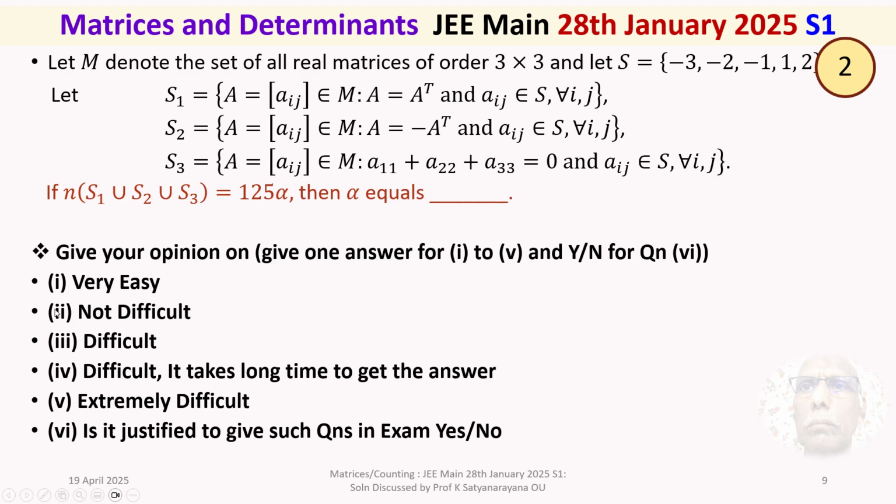One is very easy. Second is not difficult. Third is difficult. Fourth is difficult. It takes a long time to get the answer. Fifth is extremely difficult. Out of these 5, you have to choose, in your opinion, one of them. And the sixth one, you have to answer separately. The sixth question is: is it justified to give such questions in the exam? Say yes or no for the sixth one.